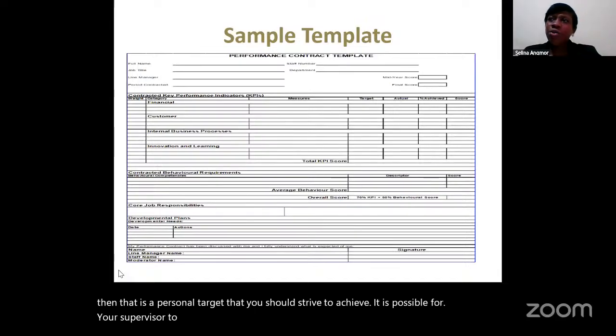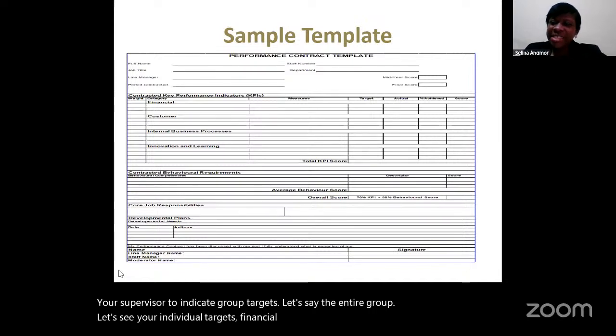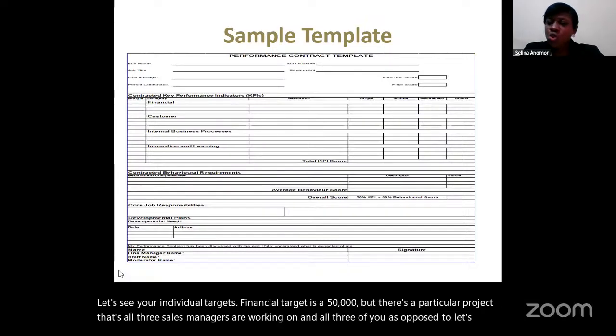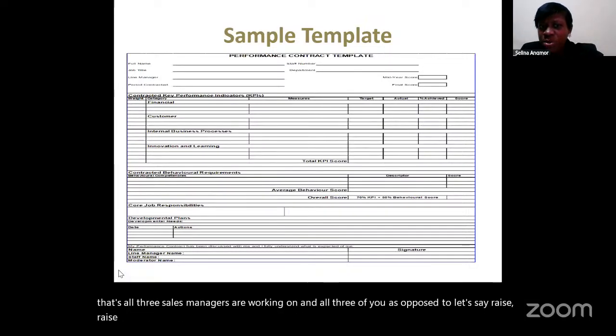Let's say your individual financial target is 50,000, but there's a particular project that all 3 sales managers are working on, and all 3 of you are supposed to raise 200,000 for it. That group target can also be indicated there.